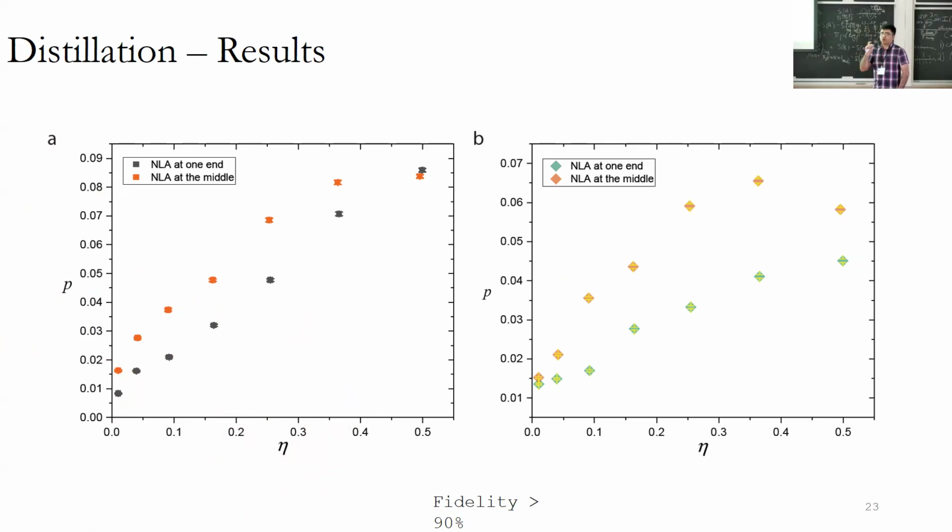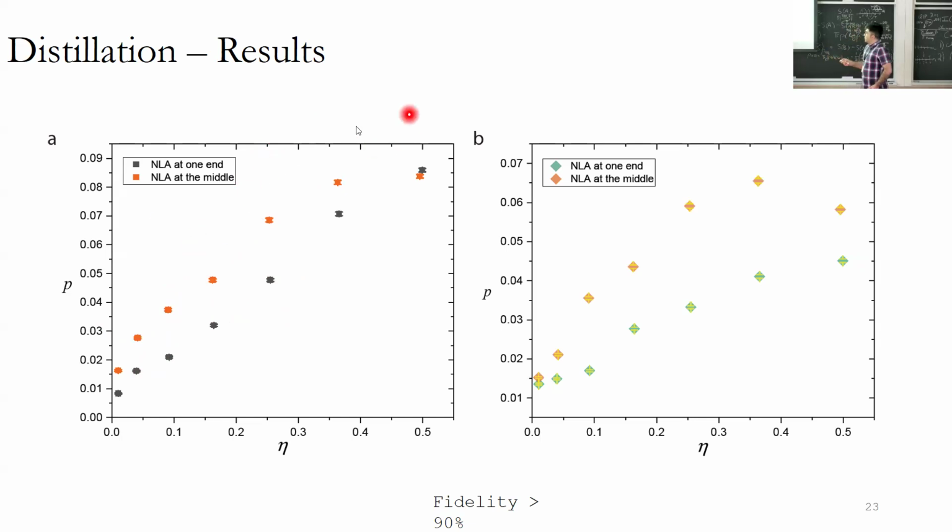There is no control on Bob. Basically, what we call in this NLA protocol the gain, Bob is only sending a maximally entangled state. As you can see here, we have a nice improvement on the probability of success when we move the relay station to the middle.